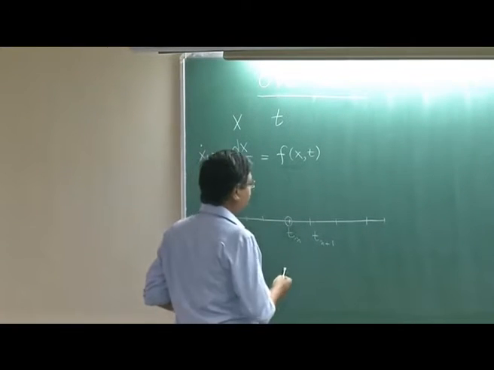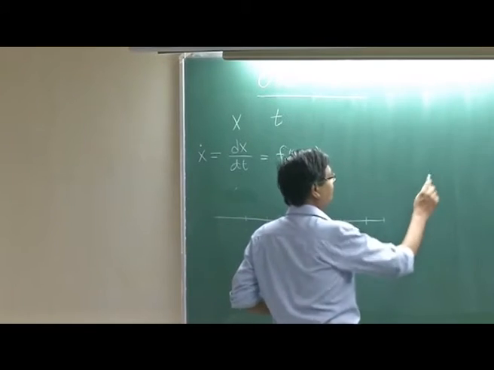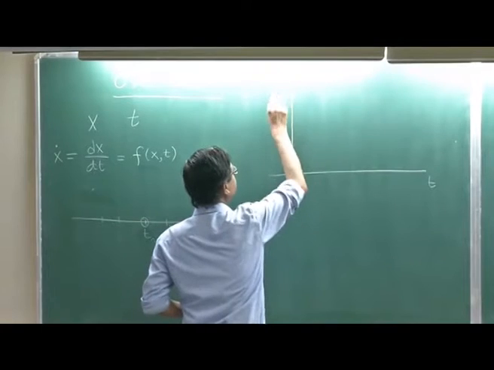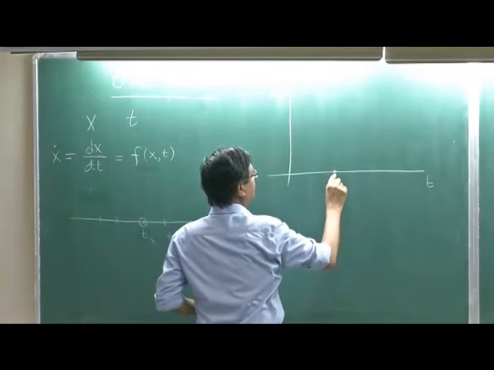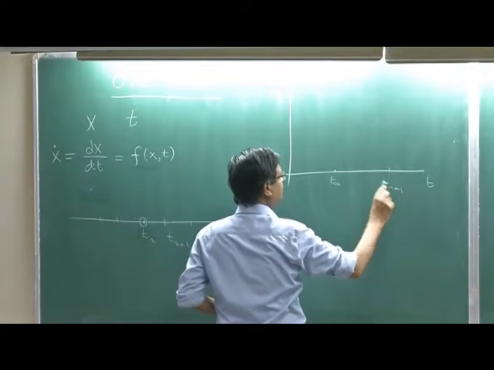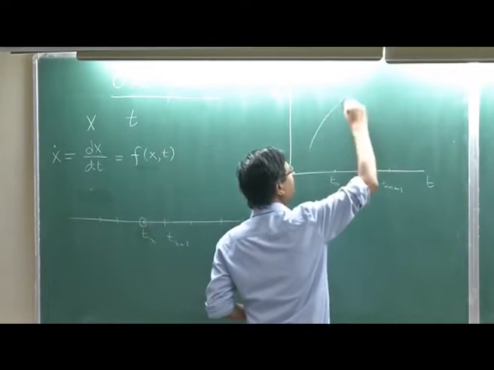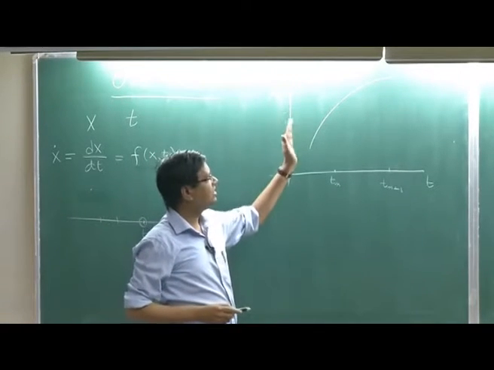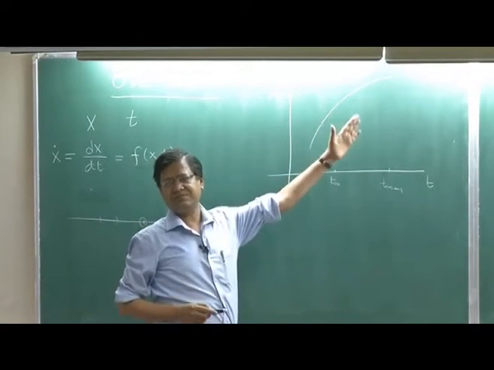I will have to redraw this again. Let's draw t and x. This is my tn and tn plus 1. Suppose my real function goes like this, which is what really happens in the physical system.